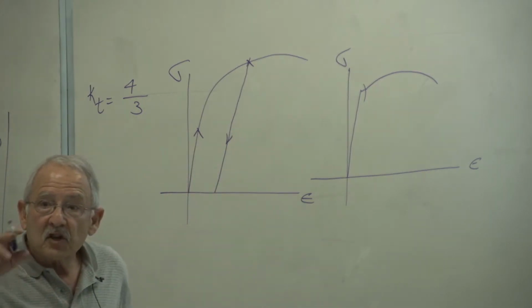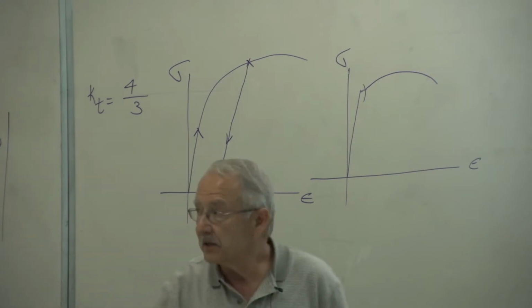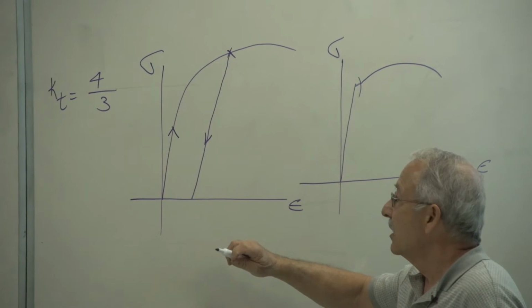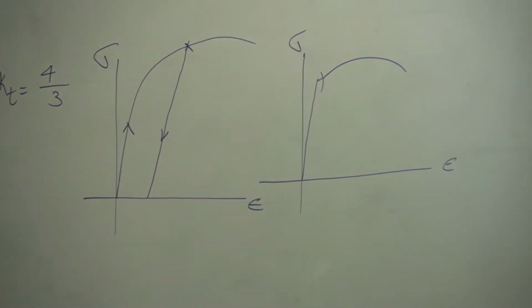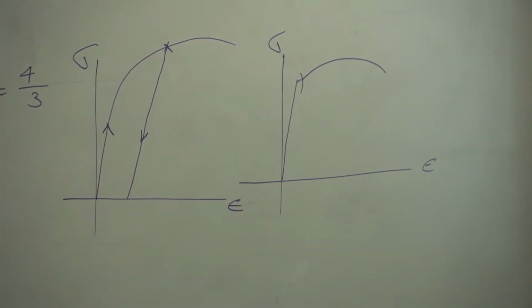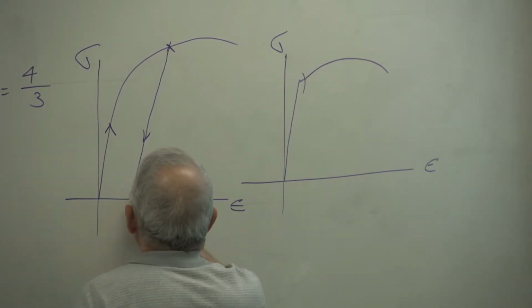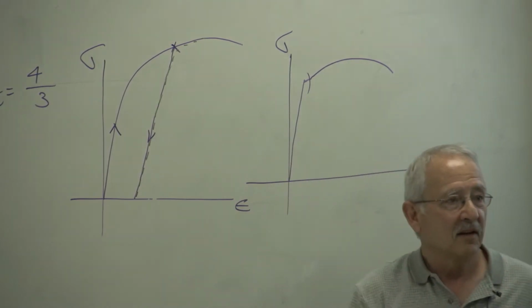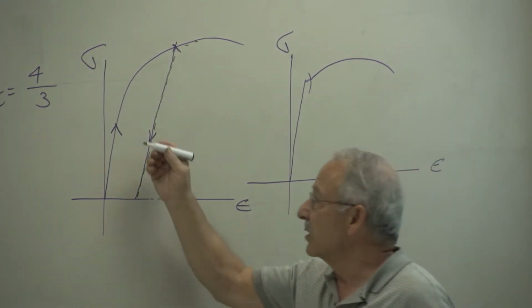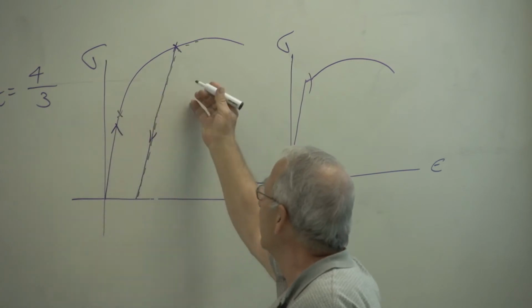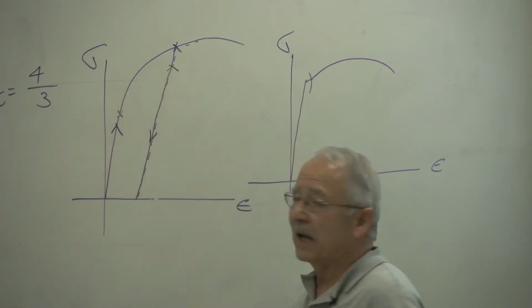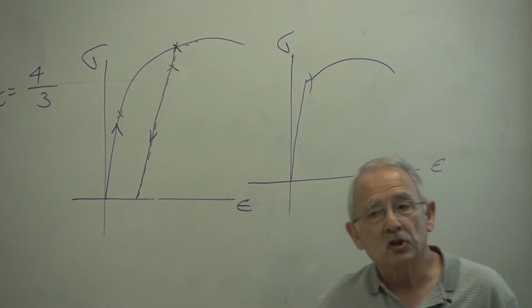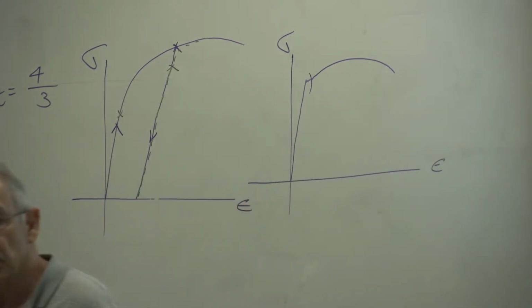Now, if someone else comes along and tests this same material, which has been loaded and unloaded, what they find as the stress strain diagram is this. The yield strength of the material, however you want to define it, and there are different definitions, will have increased. The material will get stronger. Its yield strength will increase.